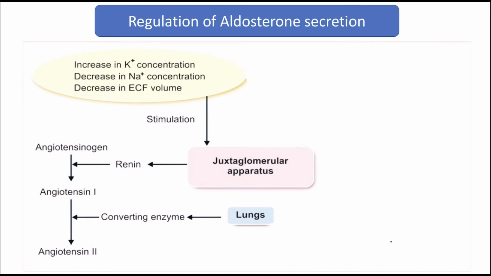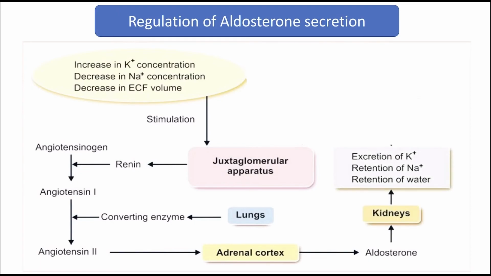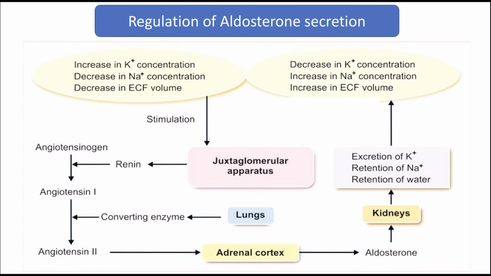Angiotensin 2 will stimulate the cells at the zona glomerulosa of the adrenal cortex and produce aldosterone. Now aldosterone will cause retaining of the sodium ion, excretion of the potassium ion, and also the water will be reabsorbed. So ultimately the potassium ion concentration, sodium ion concentration, and the water level in our body will come to normal, which will cause feedback inhibition of the synthesis of renin.